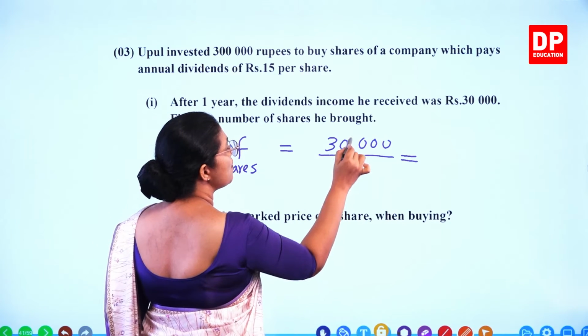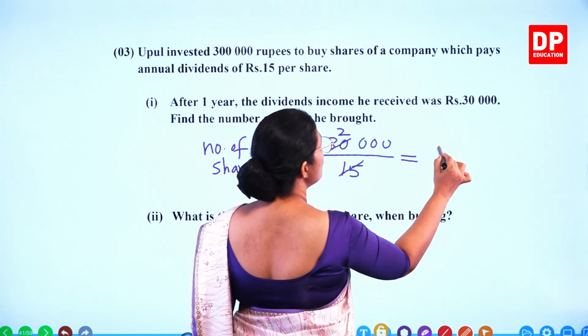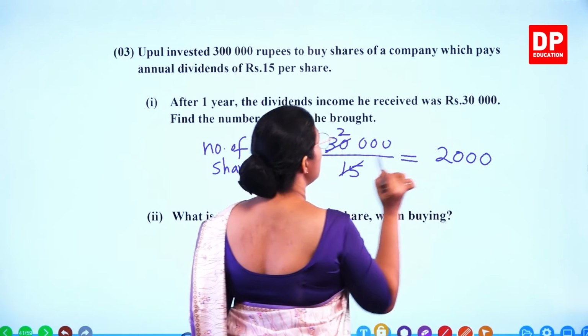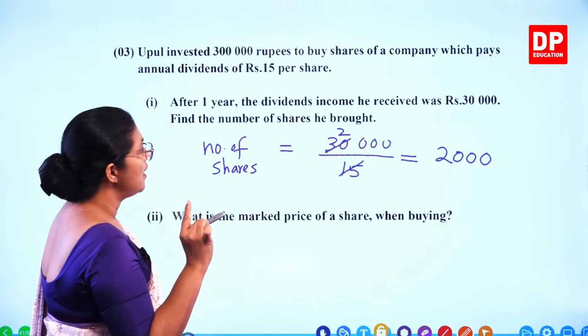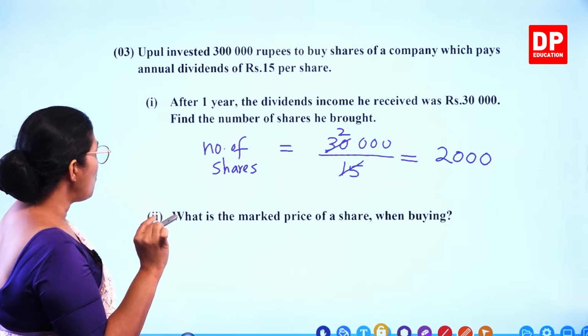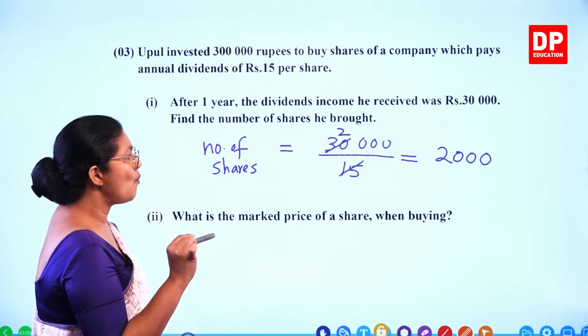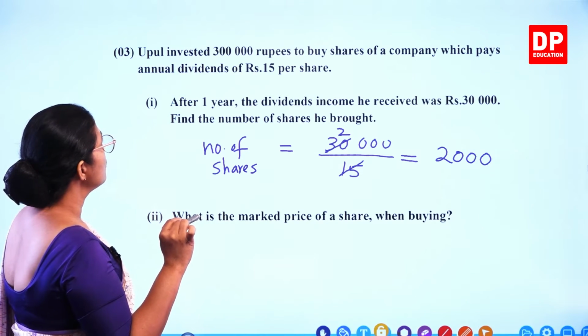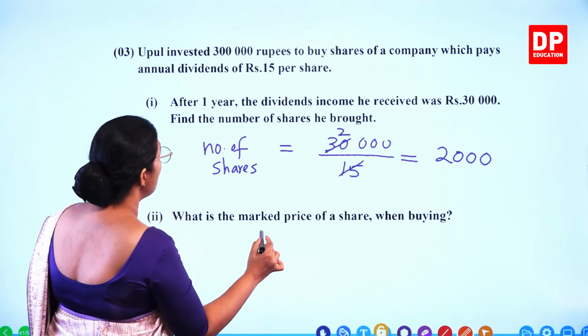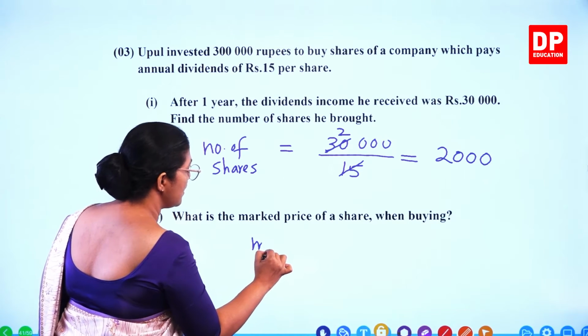So 15 times 2 is 30. So 2,000 shares Upul has bought. Then what is the marked price of a share when buying? So we know the invested amount is 300,000.